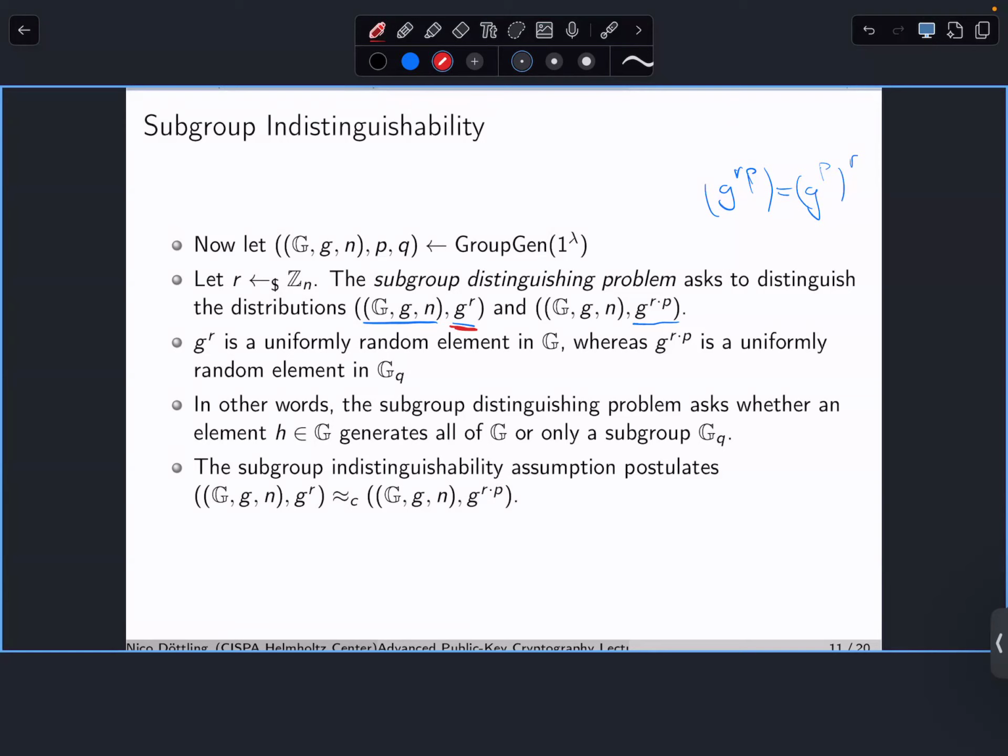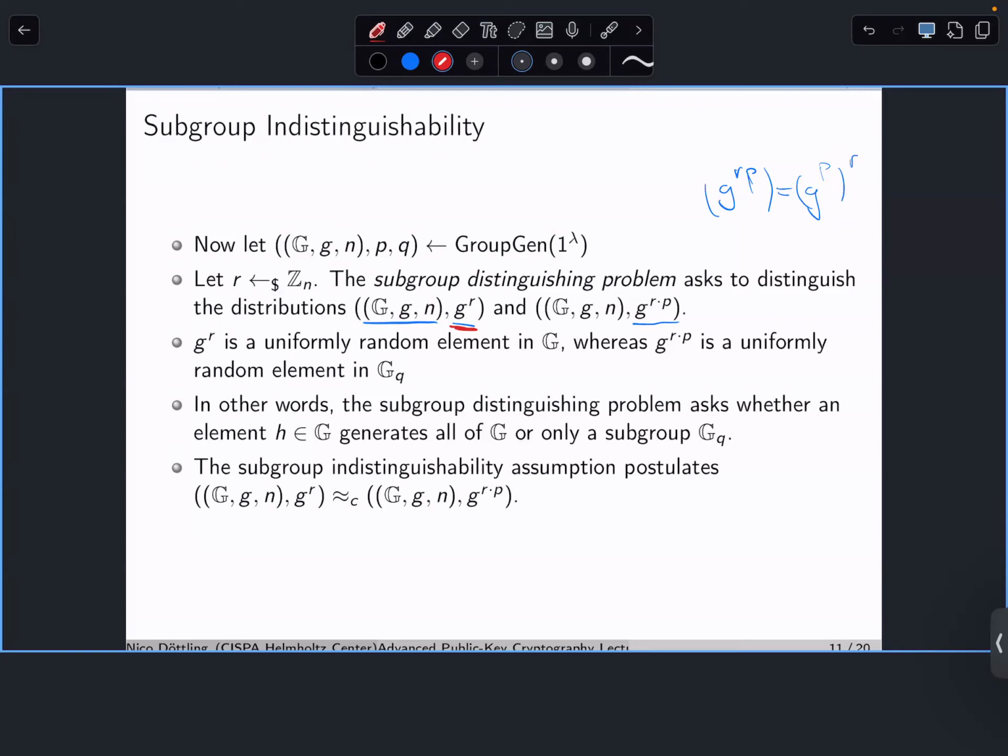In DDH, there's three possible orders for subgroups. There's order 1, then it's just the subgroup that consists of the identity element. There's order p, then it's a one-dimensional subspace, and order p squared if it's the entire space.